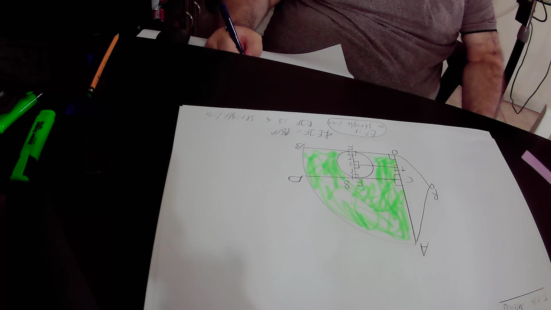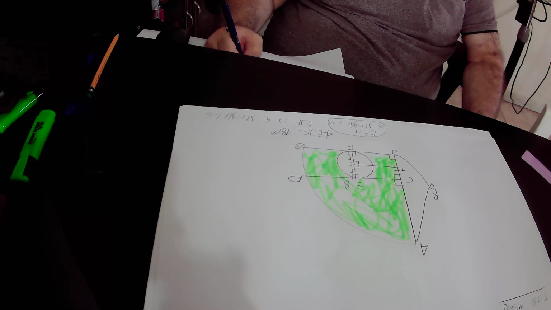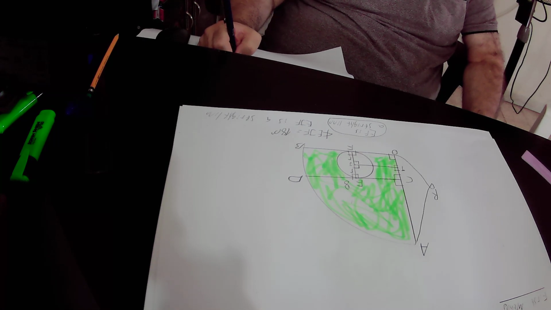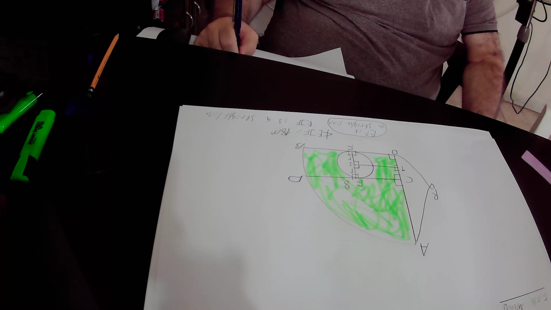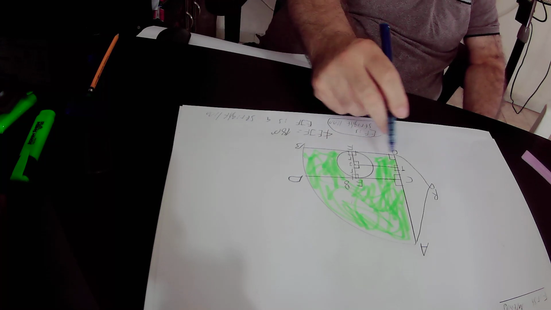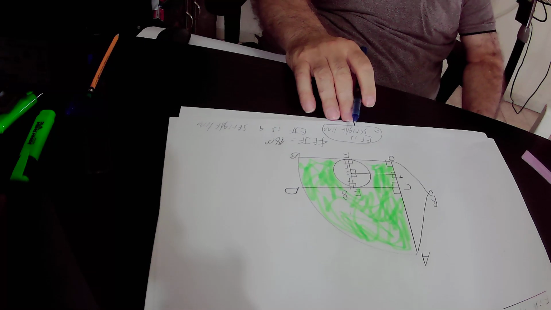Quadrilateral CEOF is a rectangle because it has 4 right angles.